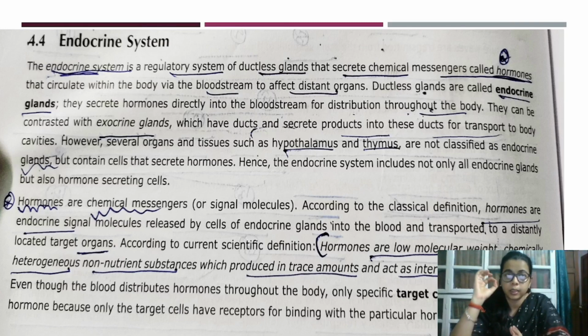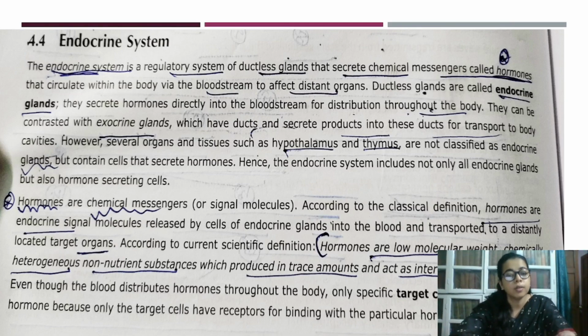Hormones are low molecular weight, chemically heterogeneous and non-nutritive substances, produced in trace amounts, and act as intercellular signaling molecules. Hormones are signaling molecules secreted from one gland, which circulate in our body through the bloodstream and are then transported to the target organ.